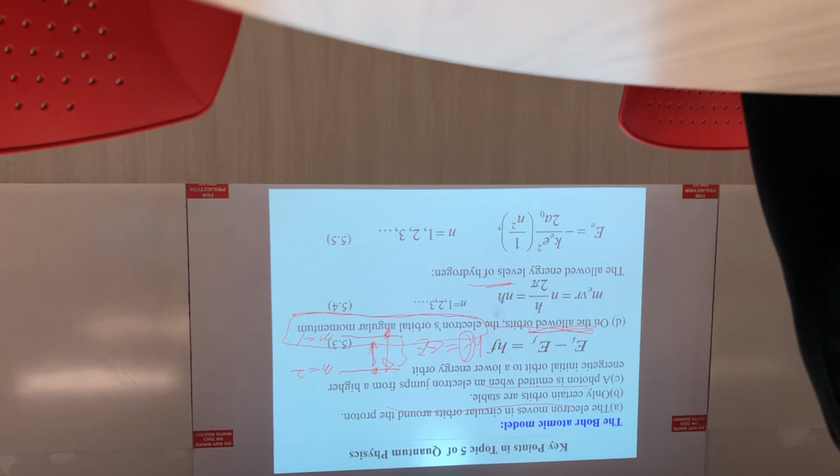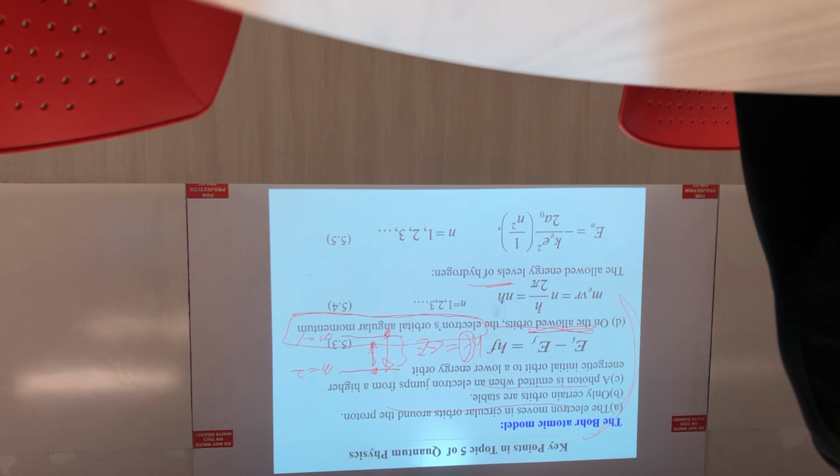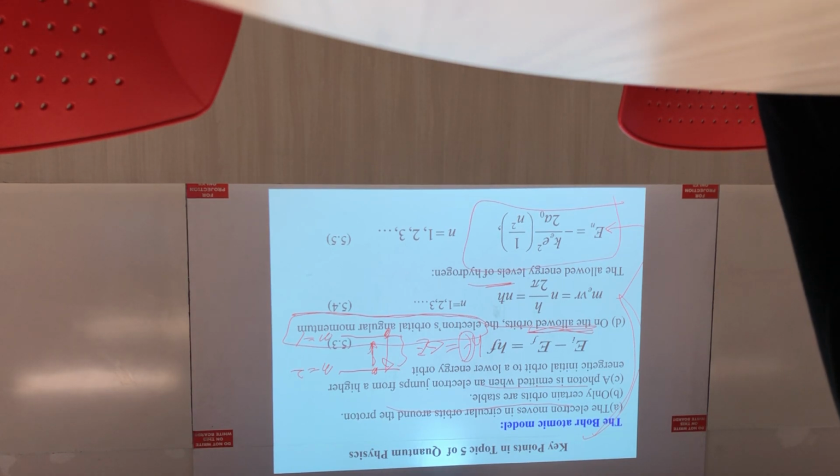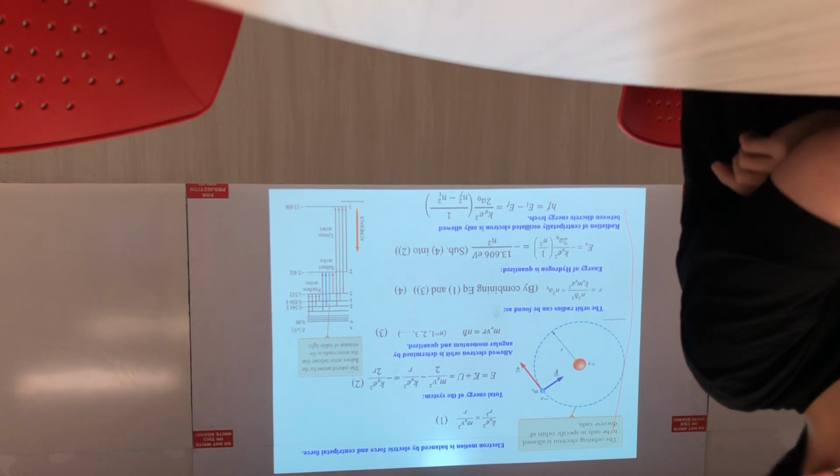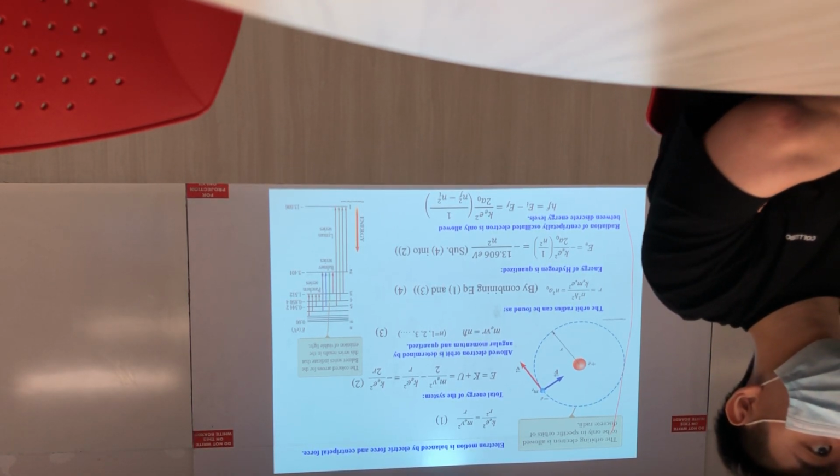I believe in your lecture, all these assumptions are used to derive the final equation for the energy. This derivation might be a bit lengthy in your lecture, so I just summarize the working in this slide. First of all, we start with this idea.